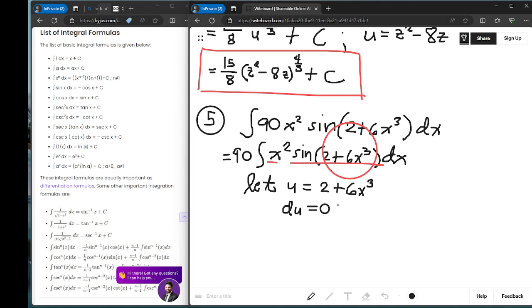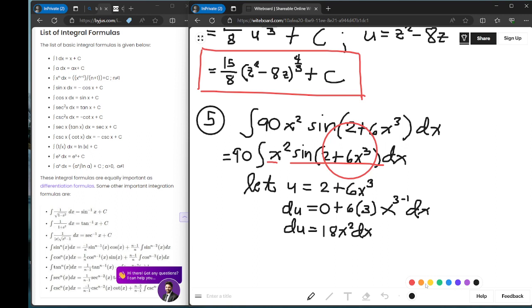So this is 0 plus 6 times 3 times x to the power of 3 minus 1 dx. Then 6 times 3 is 18. x to the power of 3 minus 1 is 2. Then dx. Then that would be du.